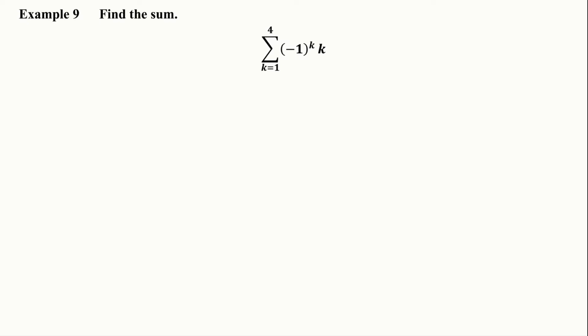All right, so we're going to run through values of k, which is the summation index here, from 1 through 4, and add. So we start with k equals 1, so we get quantity negative 1 to the power of 1 times 1, plus. Now we use k equals 2. Wherever we see k in this expression, we're going to replace it with 2.